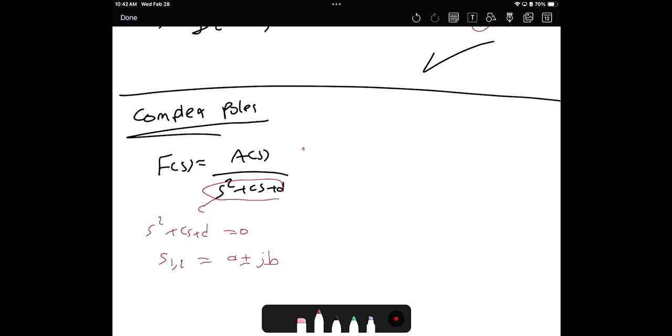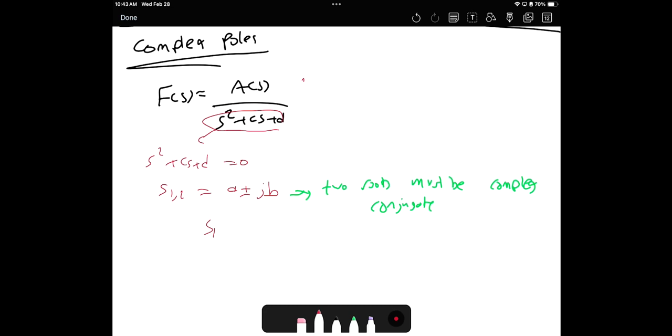So keep in mind, in real life systems, whenever we have complex roots, these two roots must be complex conjugates. This means s1 equals the conjugate of s2, or a plus jb equal to a minus jb conjugates. This is a must. If we have a real life or realistic system or closed system, then we need to have this.